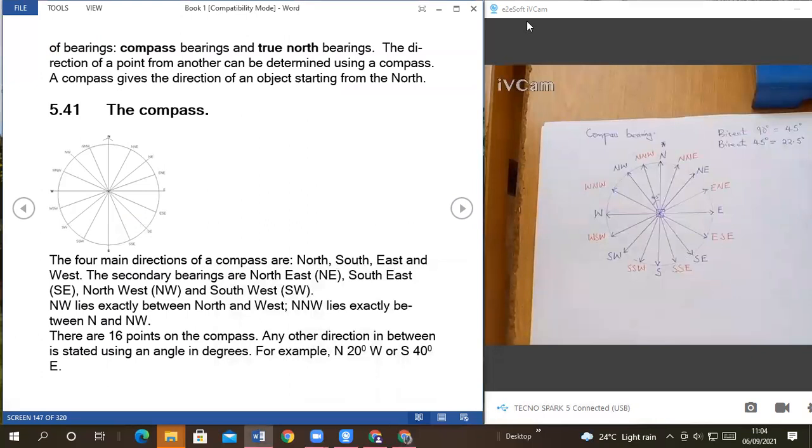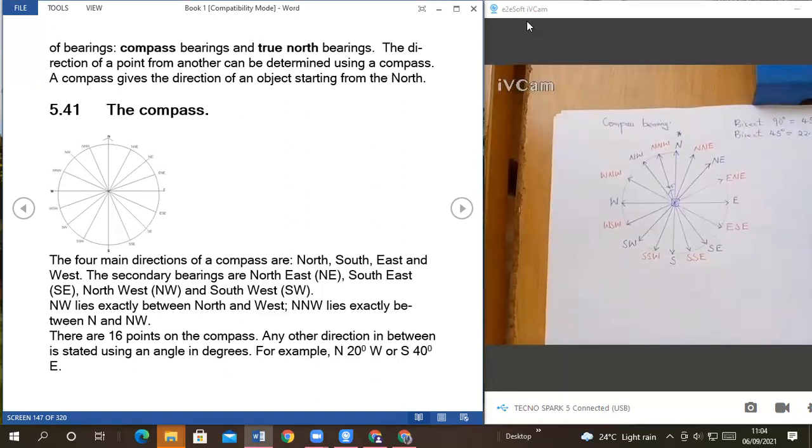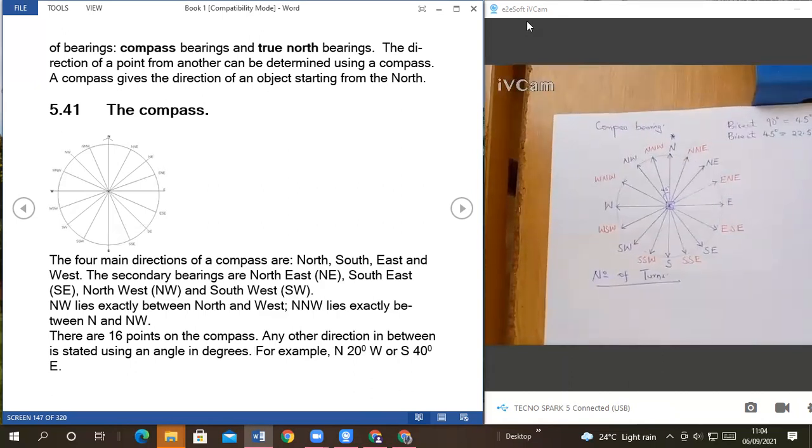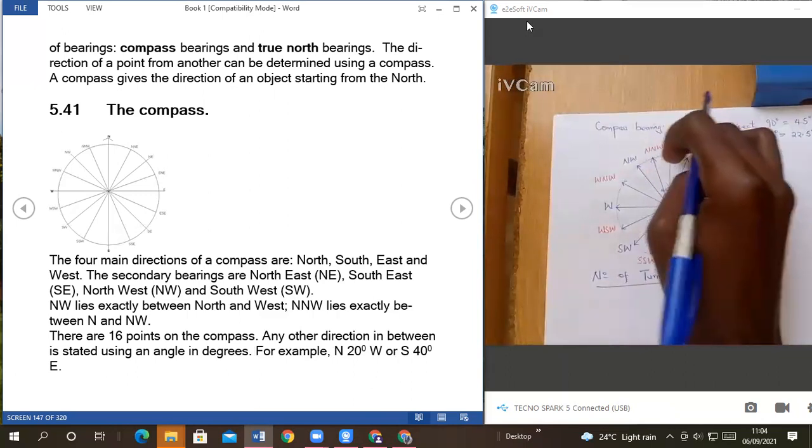We have all got 16, right? Why are we saying 16? 16 is coming from here, members. Number of turns. So now, remember when we move round, that's why we are drawing a circle.